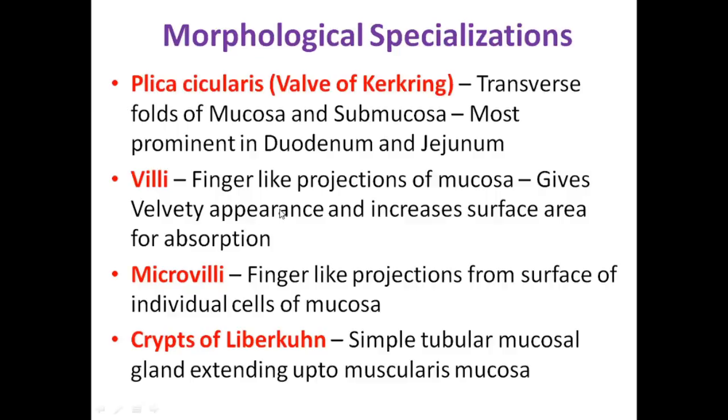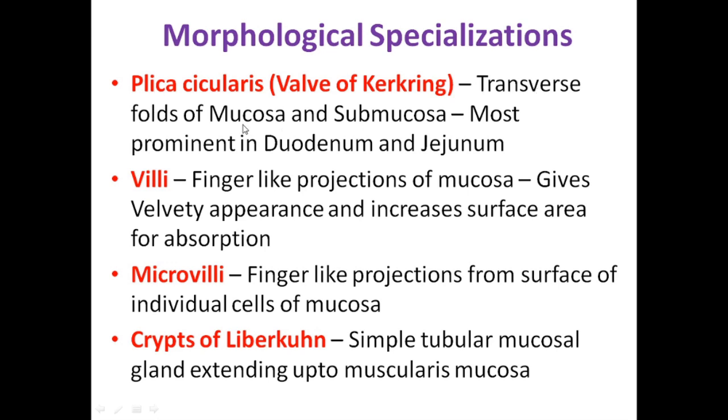But in small intestine we need to describe these four structures. So if in an answer of duodenum, ileum, and jejunum, you have to write about the four general layers. Then you have to also write that there is some morphological specialization in small intestine. What are the morphological specializations?